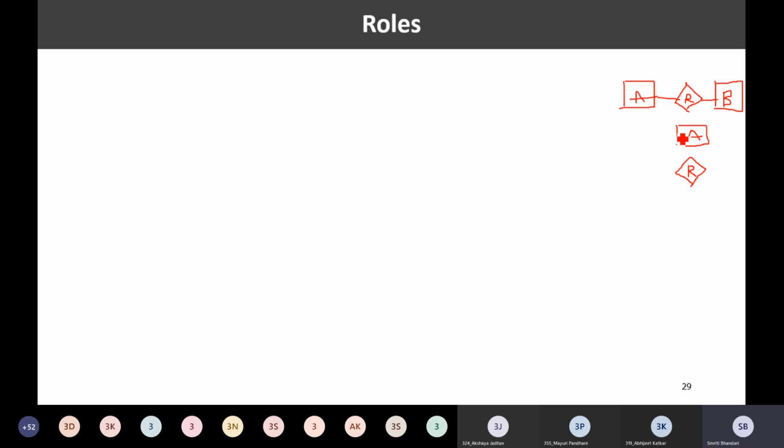So this is my entity set A, and instead of having two distinct entity sets, I have the same entity set participating in this relationship twice. It is possible. And if this is the case, then we say that this entity set is participating in this relationship set with different roles, and these roles are depicted by making use of the labels associated with these links.